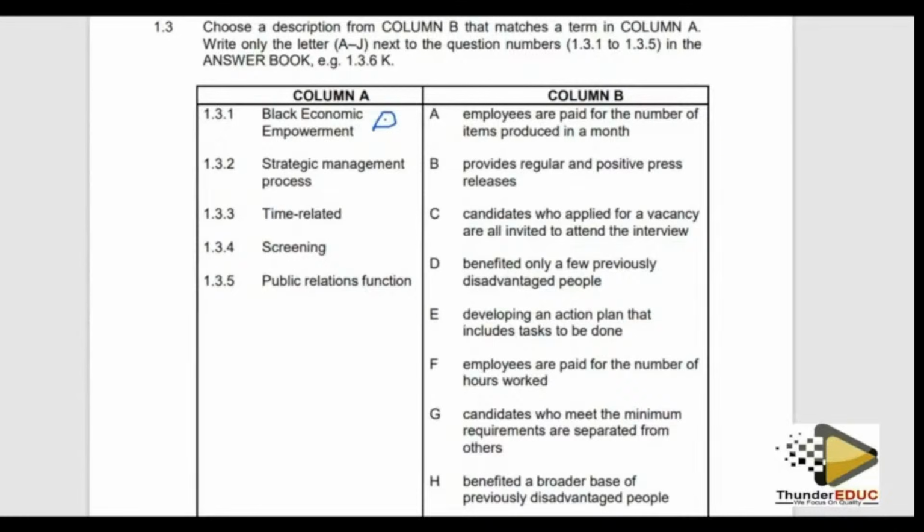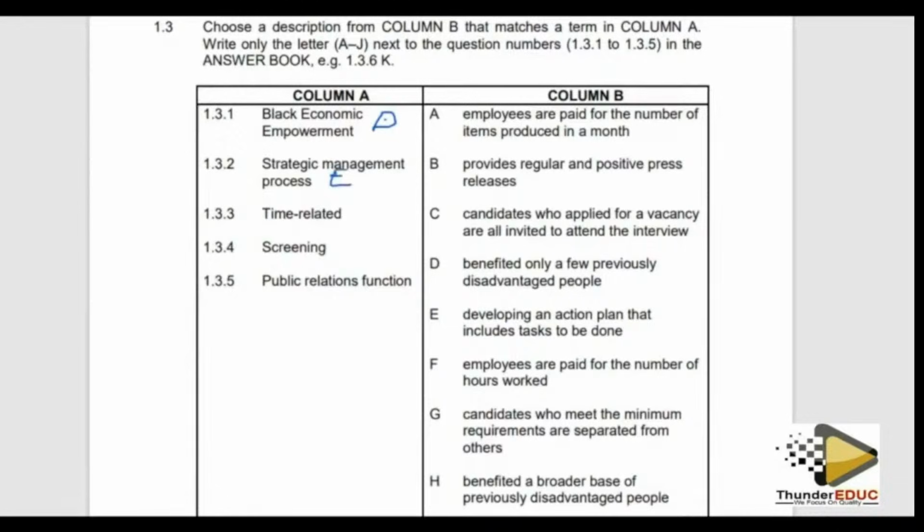They should have the plan. Where are they going to start? And also, how are they going to implement the plan that they already have? If we check the options given, the appropriate answer for this question is E. Meaning E is developing an action plan that includes tasks to be done.